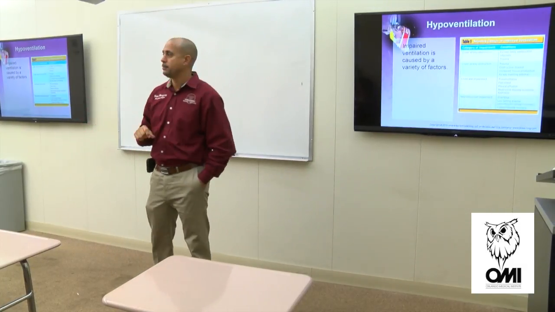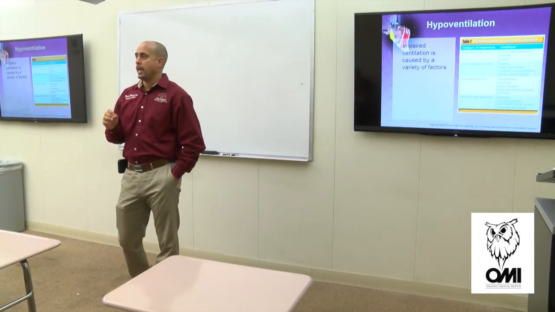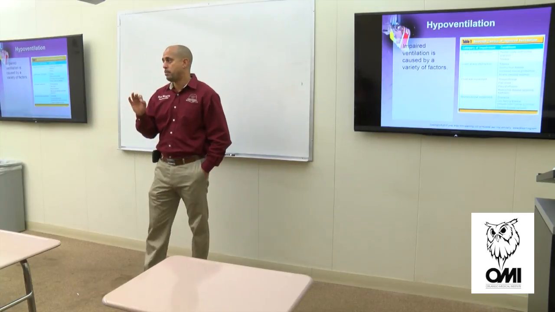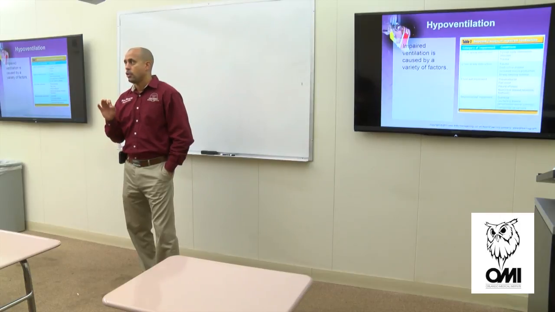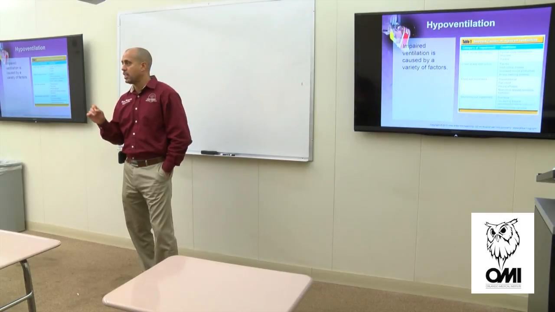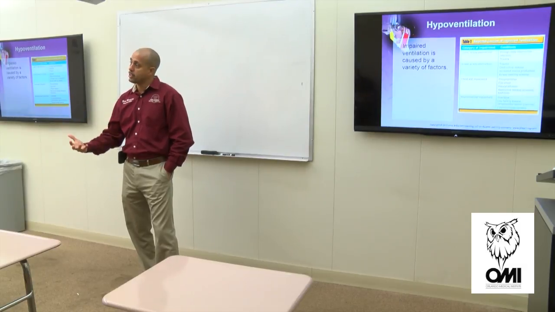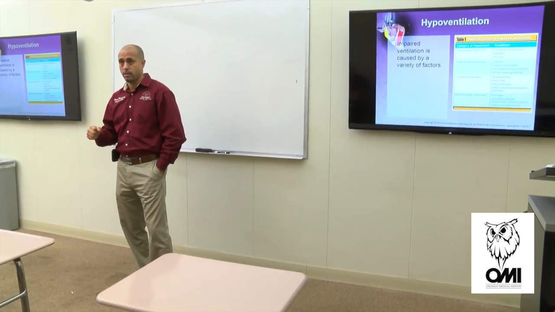Carbon dioxide is another one. And what I want you to understand is when a patient is severely acidic, you know what happens to oxygen on the hemoglobin? It falls off of it before it makes it to its target tissue.